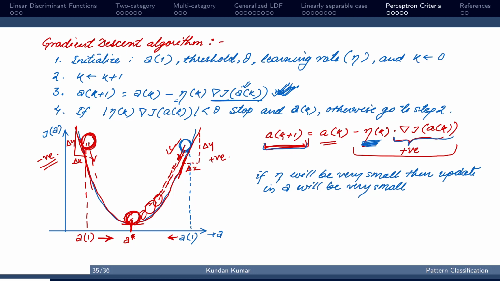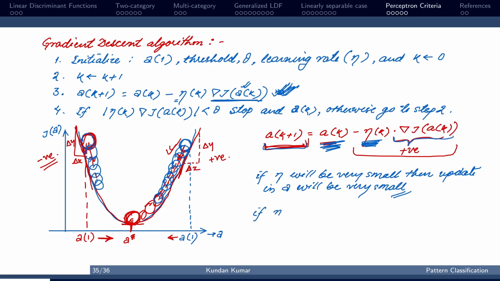If eta is small, there will be a small change in the weight. So it will go very slowly towards the negative gradient. If it is on this side, it will move very slowly, but towards the negative gradient of the criterion function. Okay.